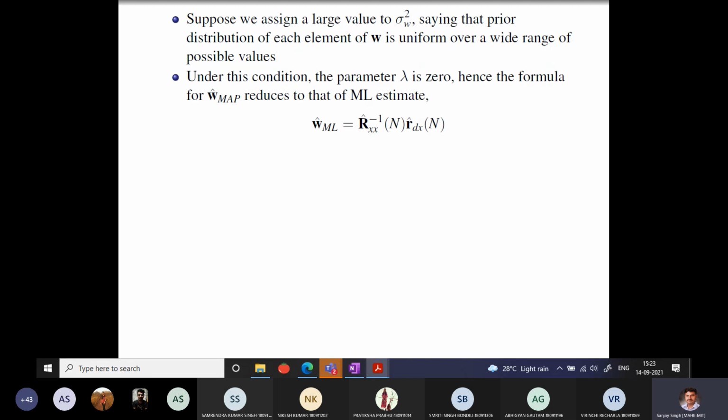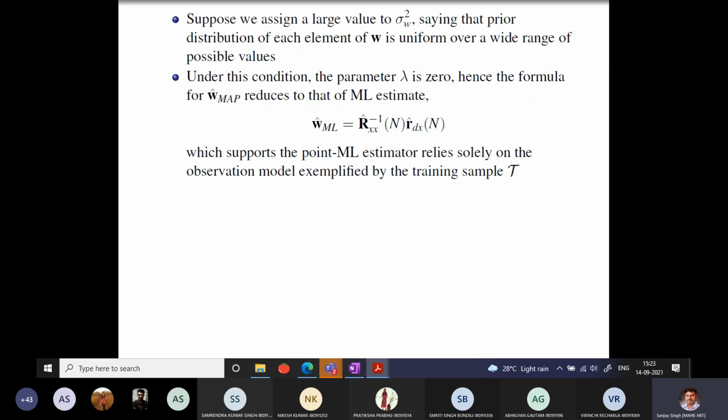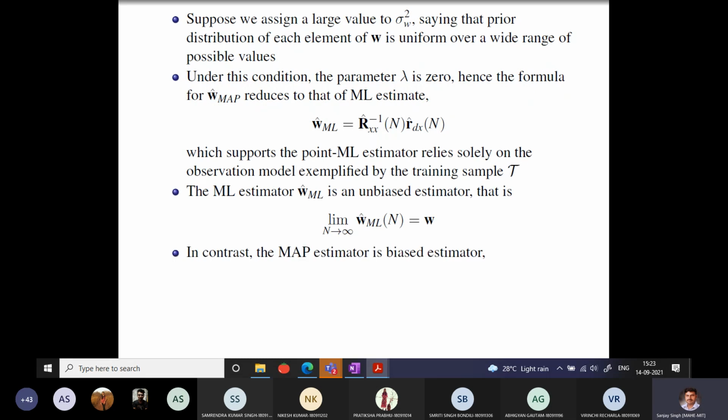Under such a scenario, this is zero, and your MAP reduces to the ML estimate, the conventional ML estimate. So if the weight space is distributed over large values, there is no difference between the maximum likelihood estimate and the maximum a posteriori estimate. Both are the same.